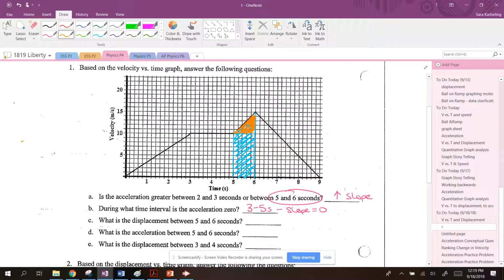Let's go through this. So the area of the triangle is going to be 1/2. The base is 1. The height is 5. Is that okay? Because the top, look up here.